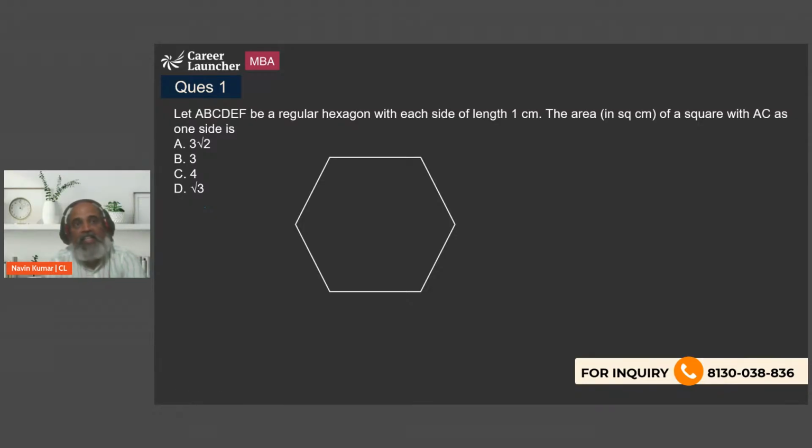Let A, B, C, D, E, F be a regular hexagon with each side of 1 centimeter. So we have A, B, C, D, E, and F, and the side is of length 1 centimeter. The area of a square with AC as one of its sides, how much is it going to be? Now, if the side is 1, AC is nothing but the shorter diagonal, so it's going to be √3 times the side.